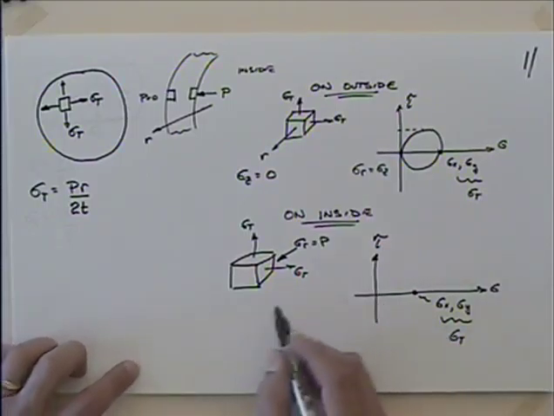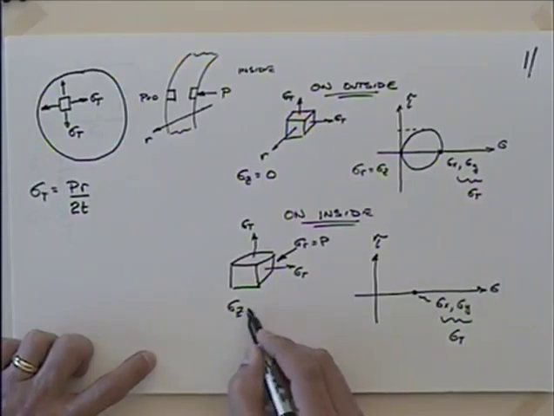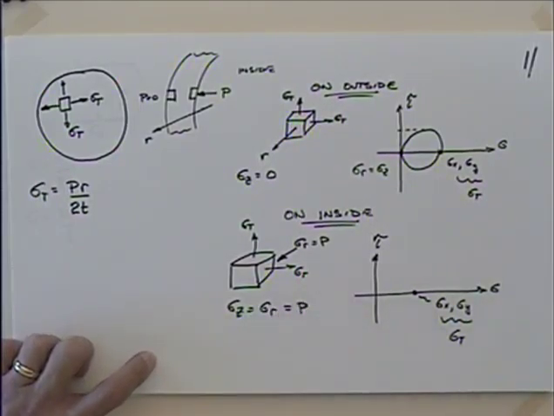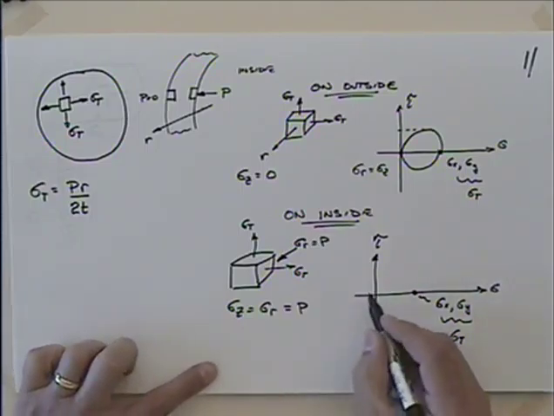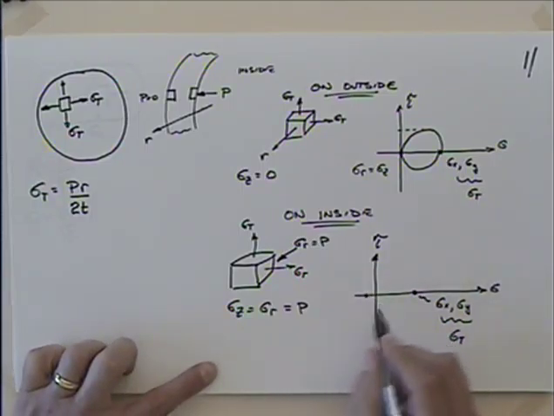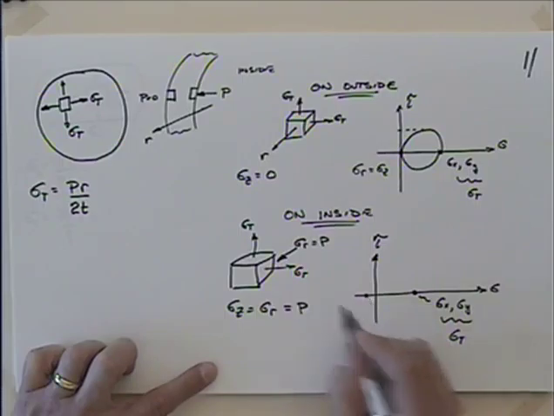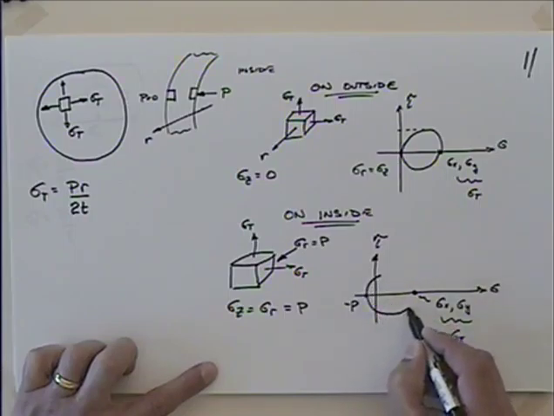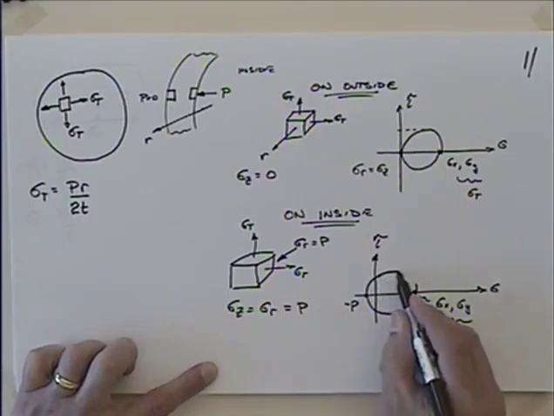And then sigma z, which is going to be equal to sigma r, which is equal to the pressure, isn't it? The pressure would be a value, something like that, that's going to be in compression, hence pressure. So we'd have some value like minus p, and I would then draw the circle looking something like this.